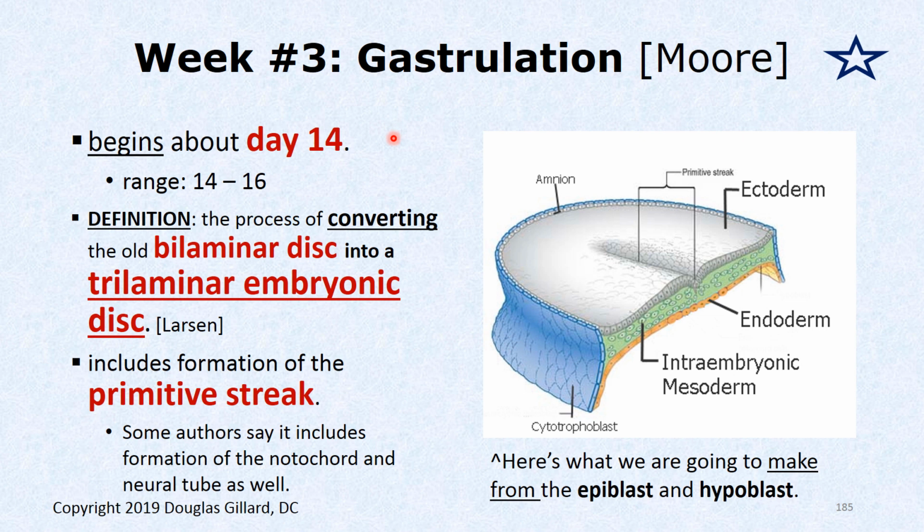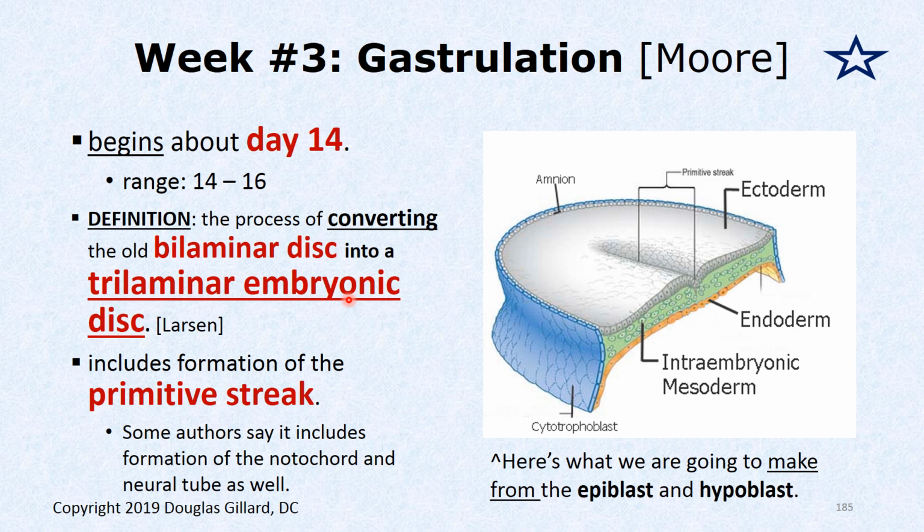Okay, so about day 14, day 15 or so, day 16, it all depends a little bit. The definition of gastrulation is the process of converting our bilaminar disc into a new thing called a trilaminar disc. Not only that, we're going to form all 3 germ layers by the time we're done with this video.